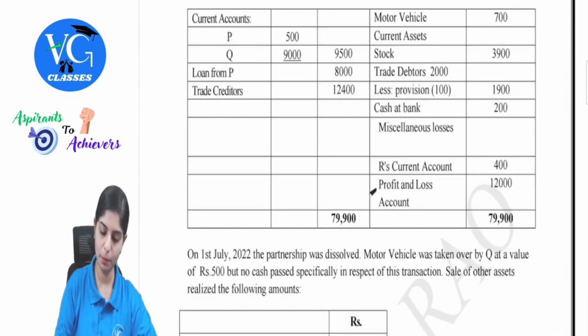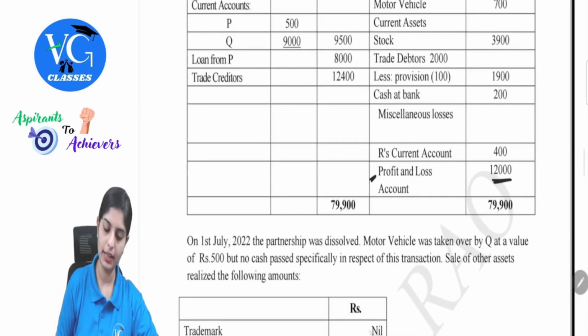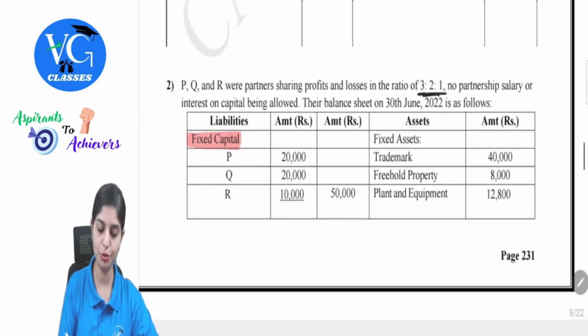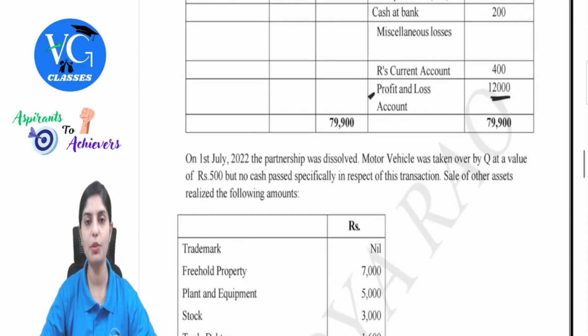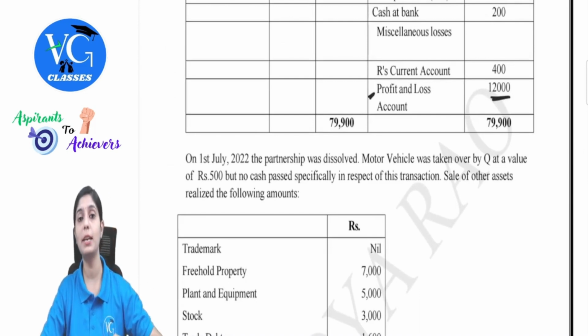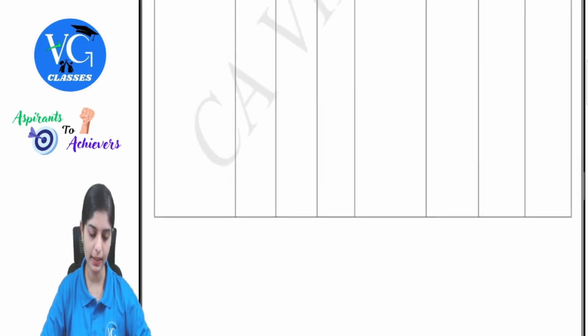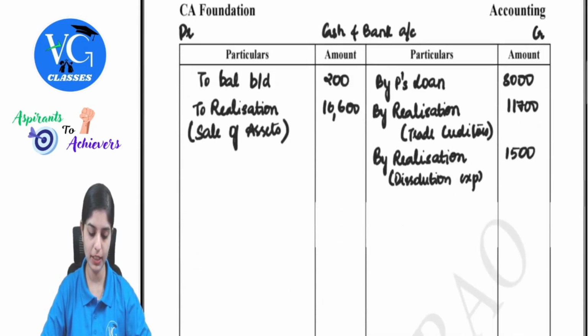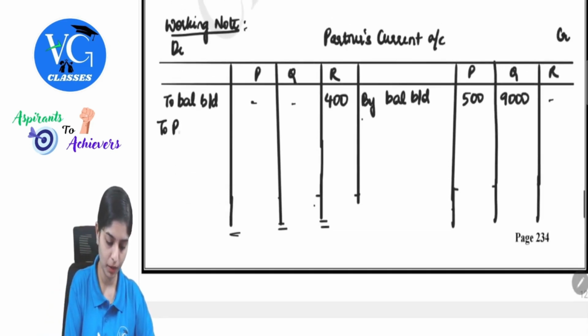With respect to the P&L account, this needs to be transferred first to the partners' current account, 12,000, distributed in the proportion of 3:2:1. So the profit and loss account will have a debit balance. If we have to eliminate it, we will have to credit. So what account will be credited? Partners' current account. So we will first reflect that entry in the current account to profit and loss account.